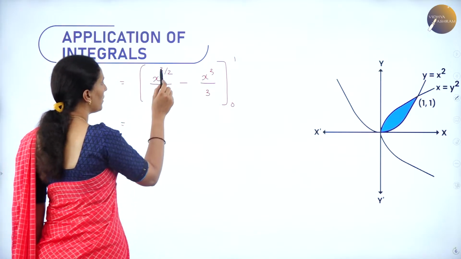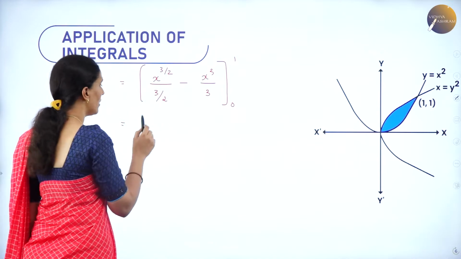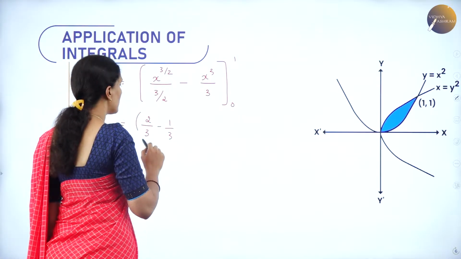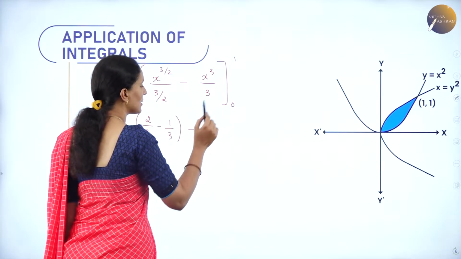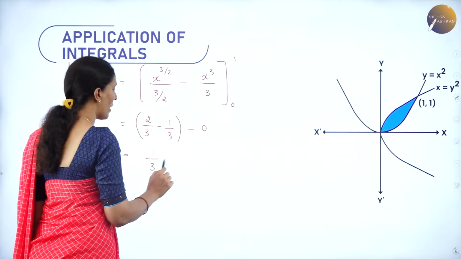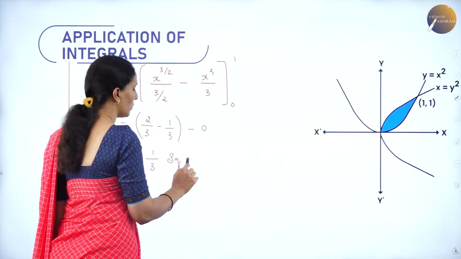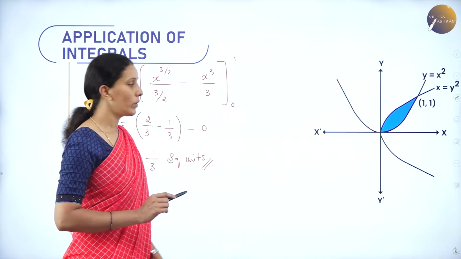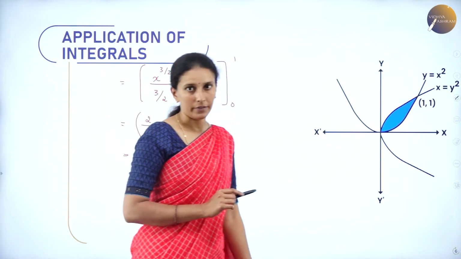You will get 1 to the power 3/2 is always 1, so you get 2/3 minus 1/3. This is your upper limit, and minus the lower limit, which is completely 0. So therefore your answer is 1/3 square units. So this is the area bounded by these two curves.